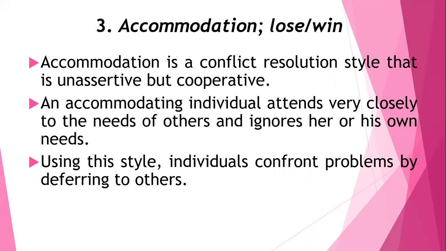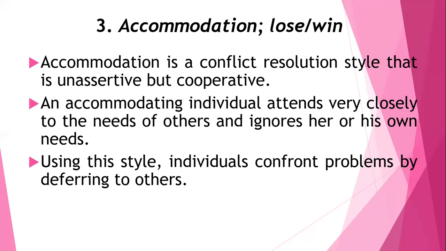The third type of method that can be used is accommodation, and accommodation is a lose-win situation. Now, accommodation is a conflict resolution style that is unassertive, but it is cooperative, and an accommodating individual attends very closely to the needs of others and ignores her or his own needs.